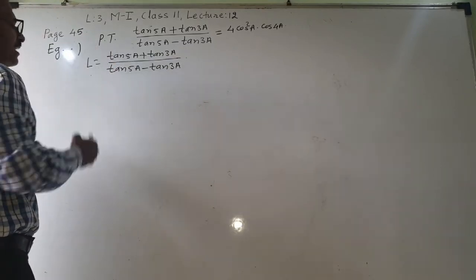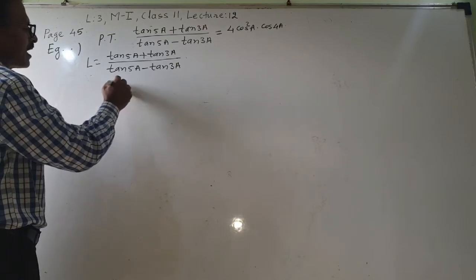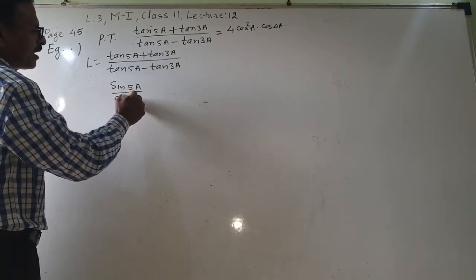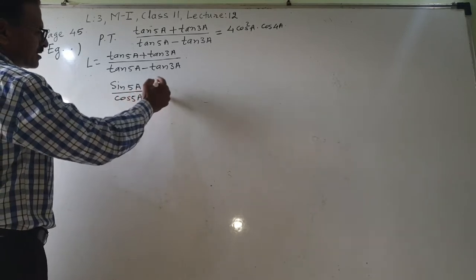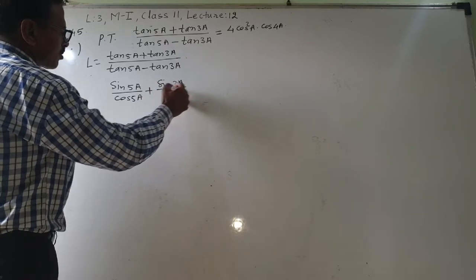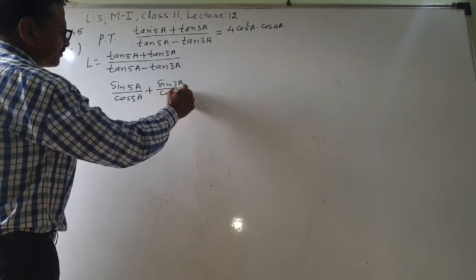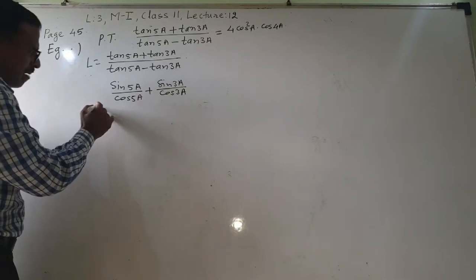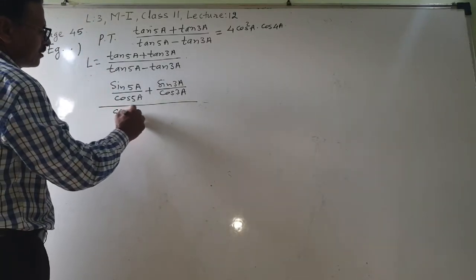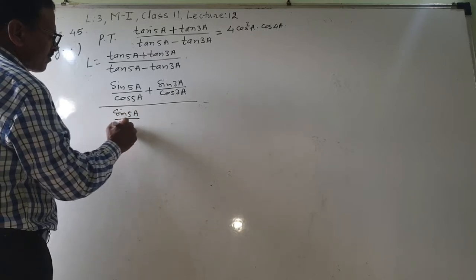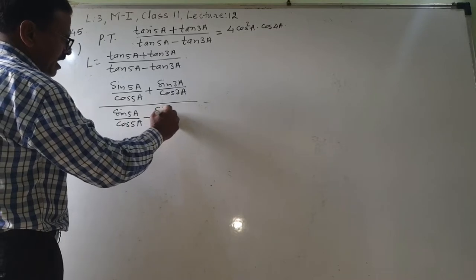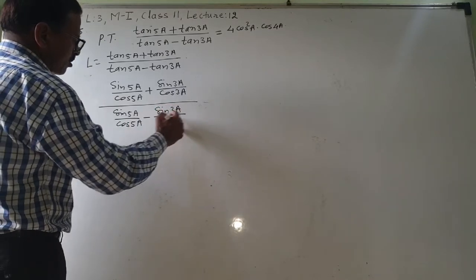What is meant by tan? That meaning I will write sine upon cos. So sine 5a upon cos 5a plus this is sine 3a upon cos 3a. This is the numerator upon this is sine 5a upon cos 5a minus sine 3a upon cos 3a.